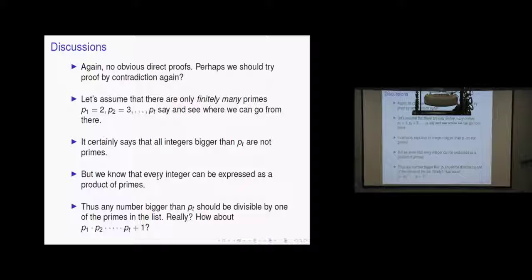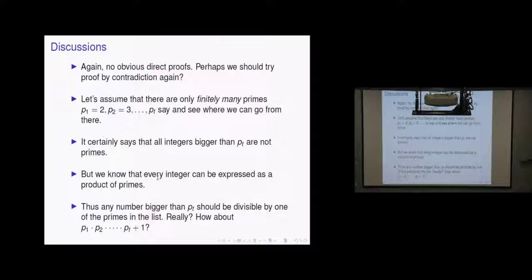Because if this is a multiple of the first one, then you can write this number as k times p1. Now you move things around, and you get 1 is also a multiple of p1. But that's not possible. Let me see whether the next slide has some detail.